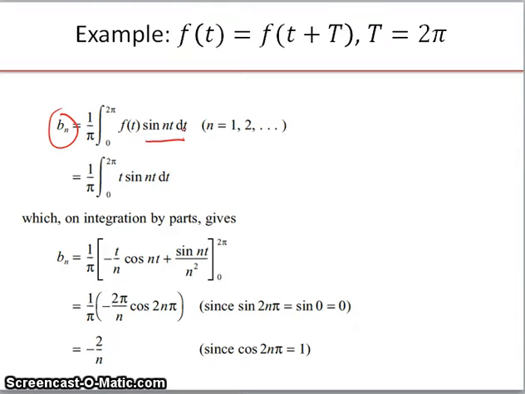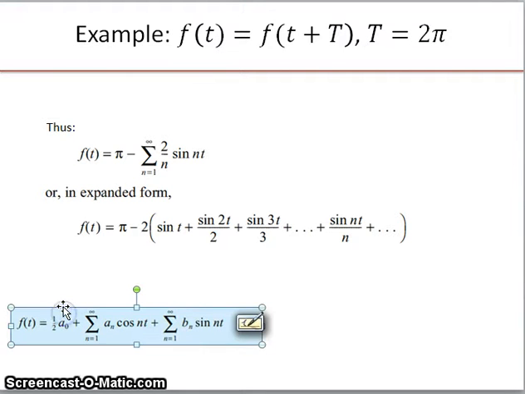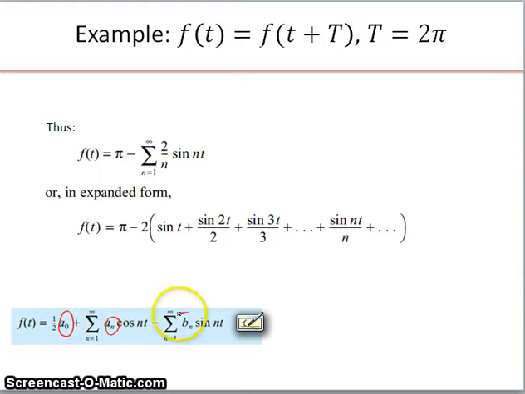From here we get the bn, and this is the final output after we did the integral. Alright, now it does not end like that. After we have found all the a naught, an and bn, then we will put all these values into this equation.